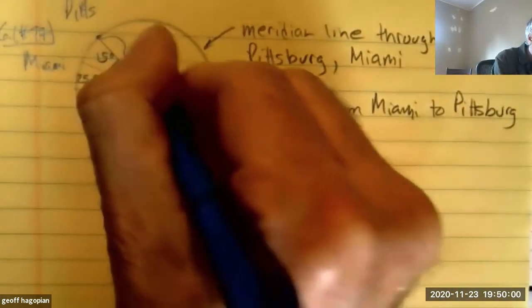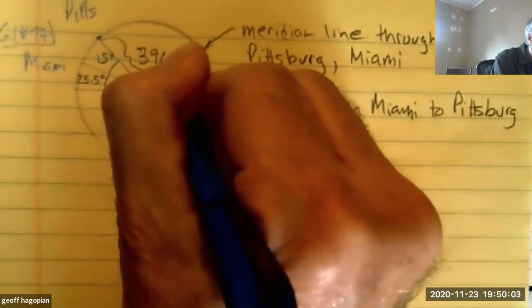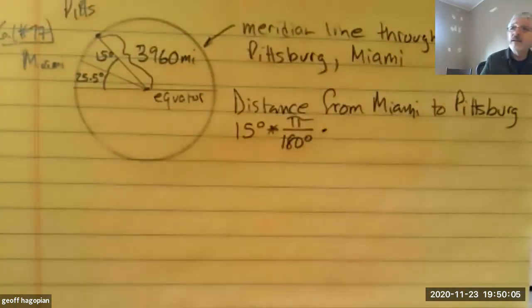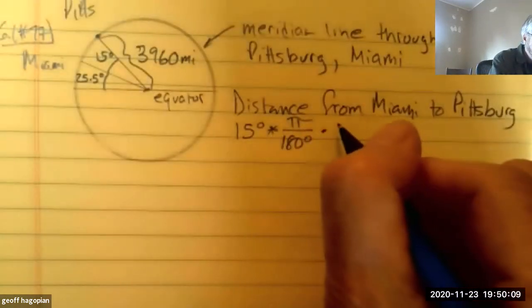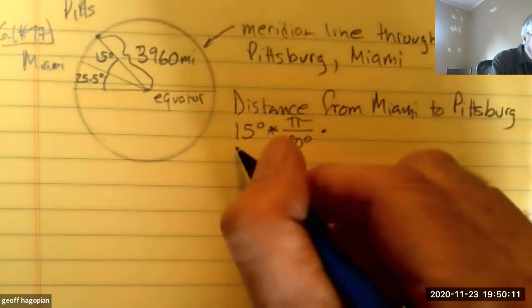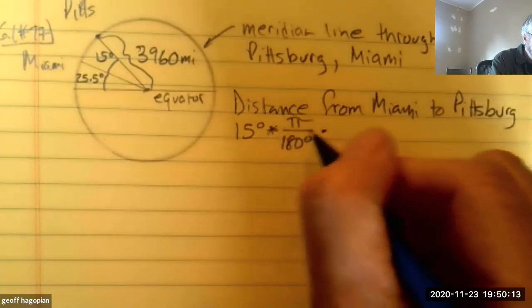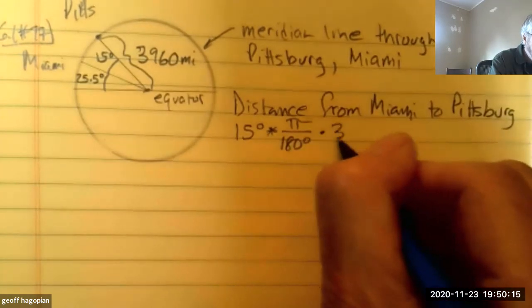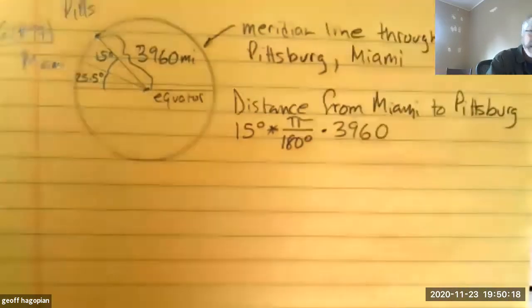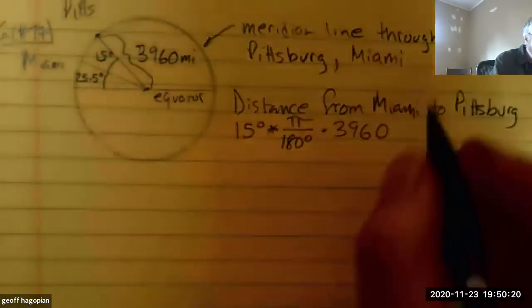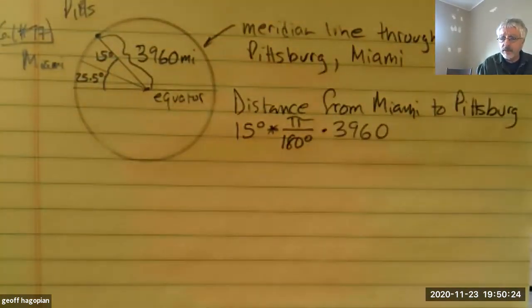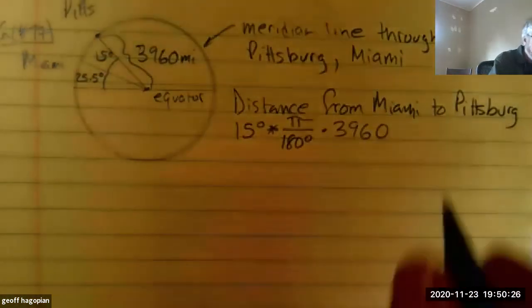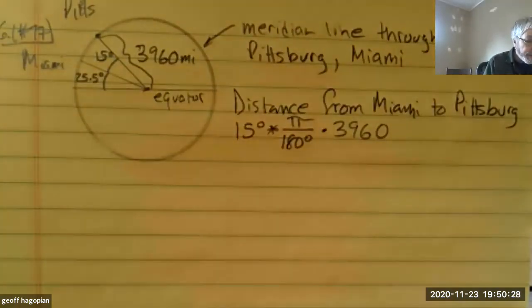And the radius of this circle is 3,960 miles. Yeah. So theta r is arc length, right? And so this is theta in radians, and this is r in miles. And so that's going to give us radians times miles, which is just miles, right? Because radian is a pure number. And I think that's pi over 12.